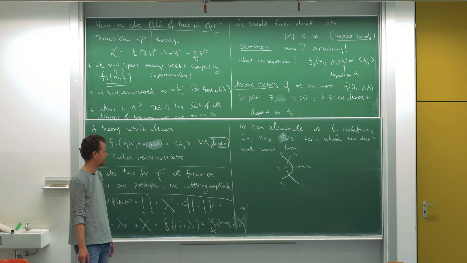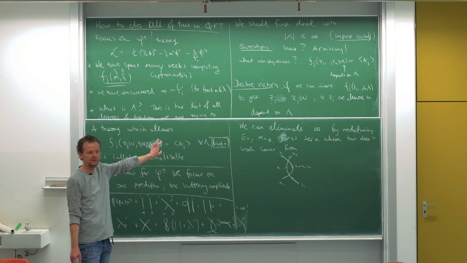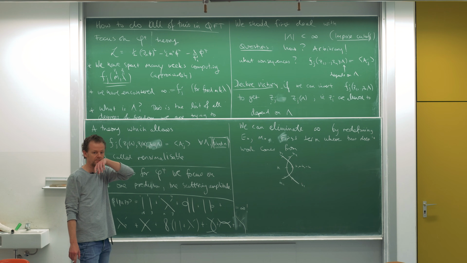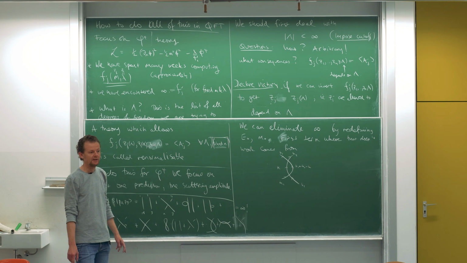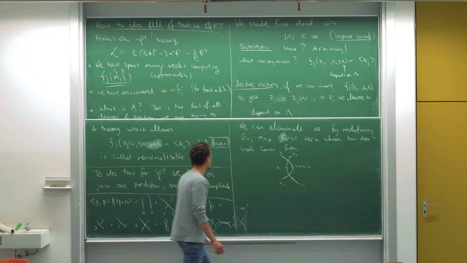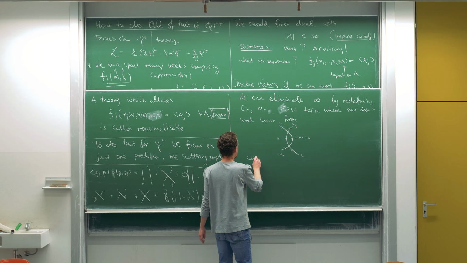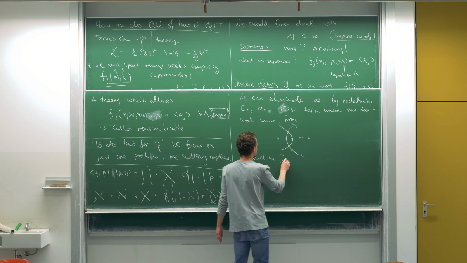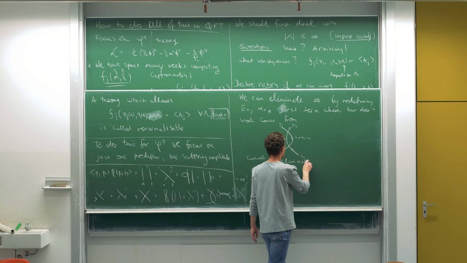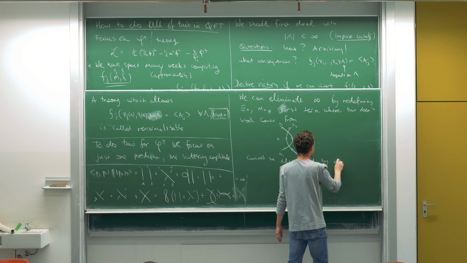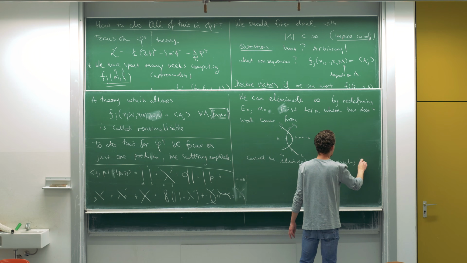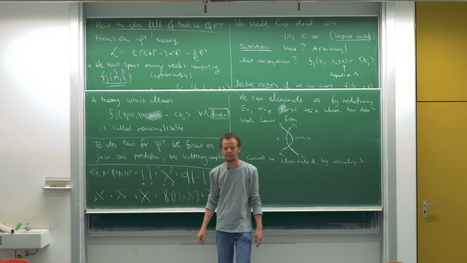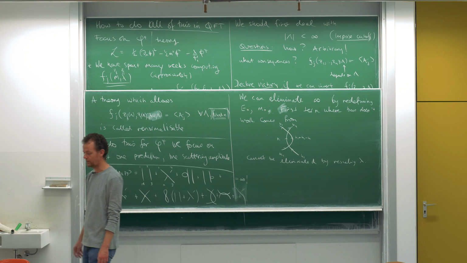And we cannot get rid of it by a simple redefinition of these two parameters here, E0 and M0. That's a real honest-to-goodness infinity. And you can't even get rid of it by rescaling lambda. That's an important point as well. If lambda is not 0, that is infinity.